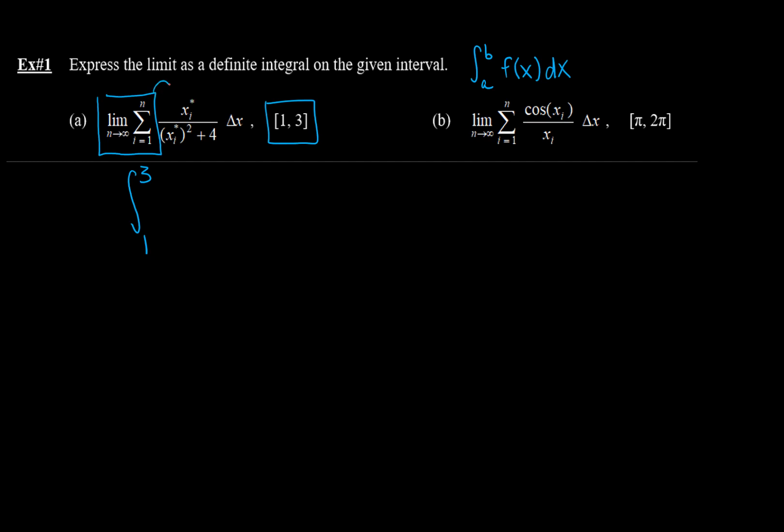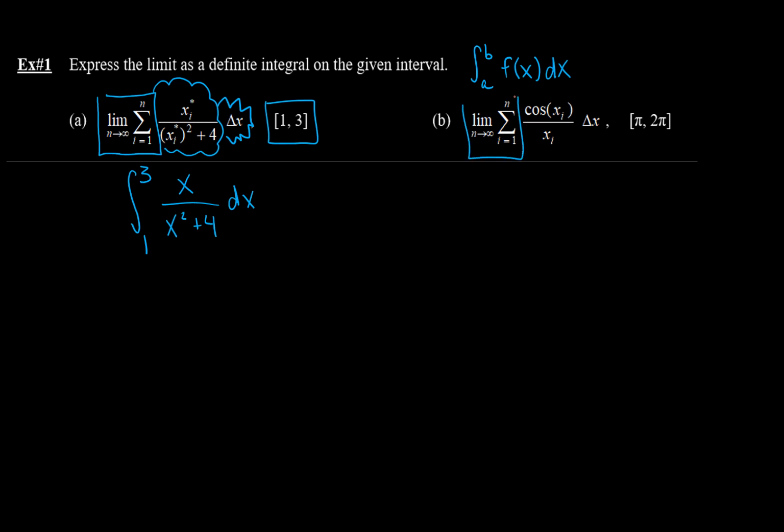This piece right here, that's my function, but I'm not going to use a funky x sub i. I'm just going to use a regular x. And then I'm going to replace delta x with dx. And that's it. Now try it with the next one.